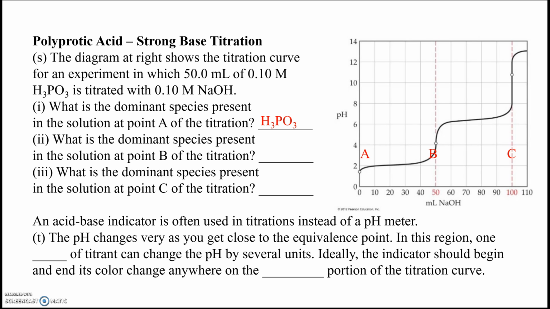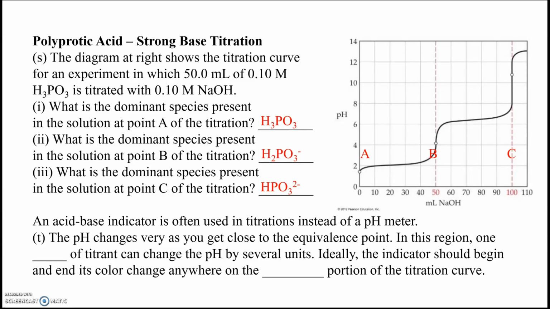And at point B, our dominant species would be after the H3PO3 has donated 1 proton, so we would have dihydrogen phosphorus ion. And then at point C, after I've donated 2 of the hydrogens, I would have HPO3 2-.